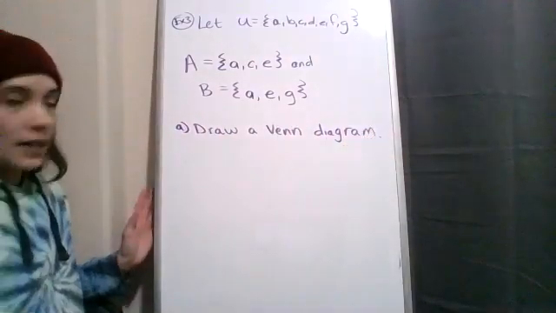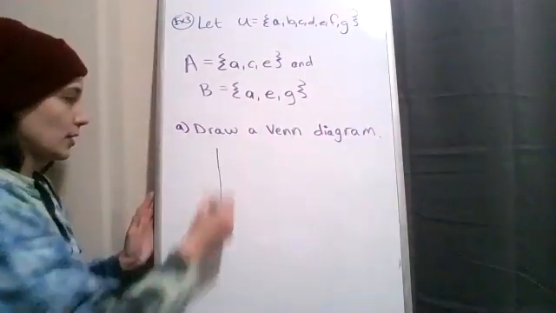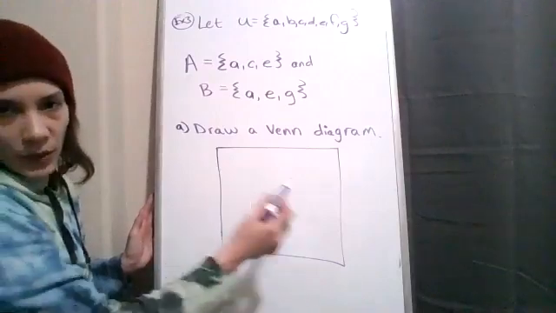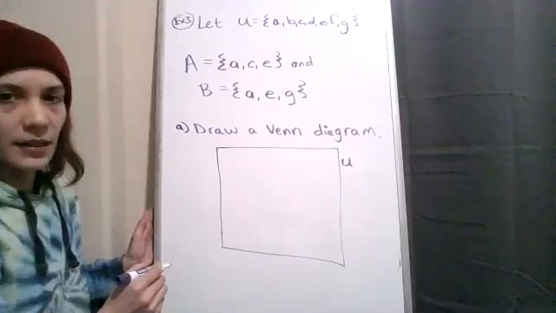Okay, our Venn diagram has the universe U, and then you put the label U somewhere outside.